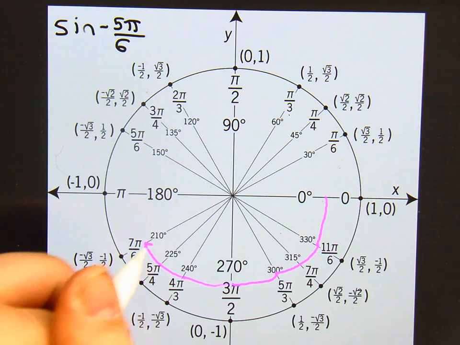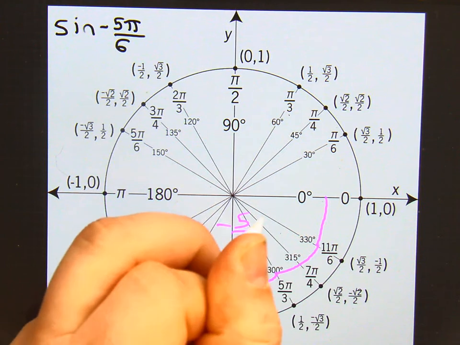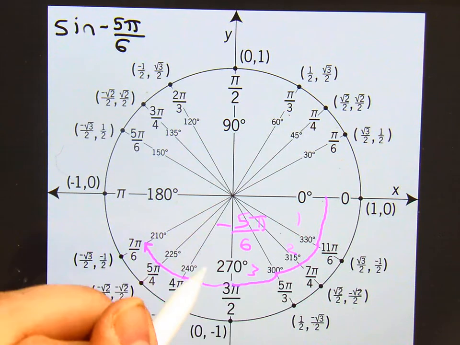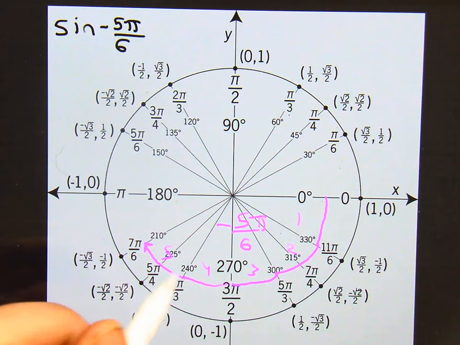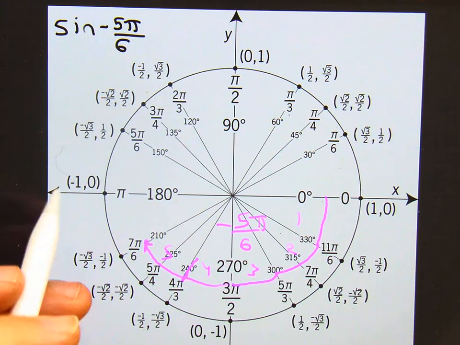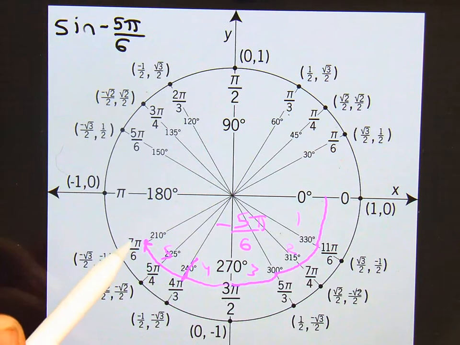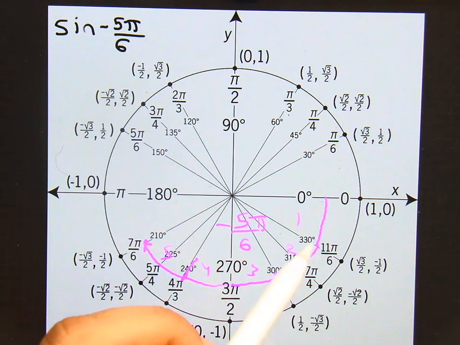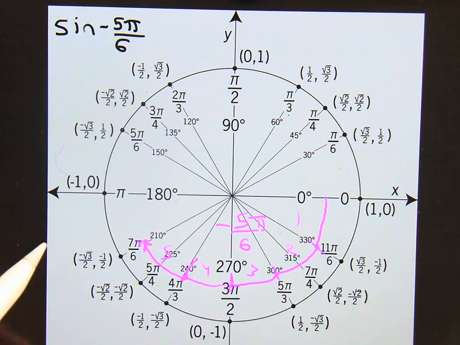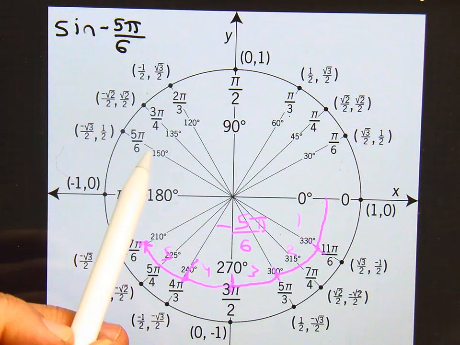So this quantity here is a negative 5/6 pi of a radian. It's counting 1, 2, 3, 4, 5, 6 of the circle. If I was coming this way, it'd be 7/6, but I'm not. I'm moving negative, so I still have to move the same quantity, but in a negative direction.